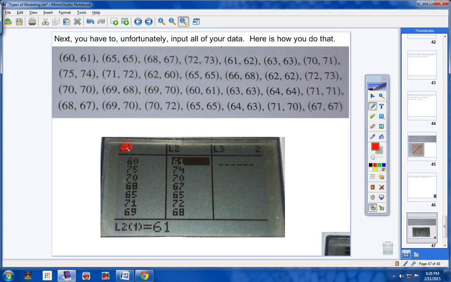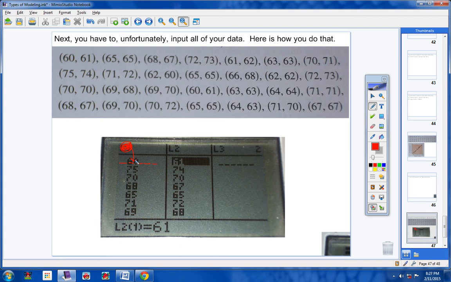That's not where you want to be. That's not going to help any. You don't want your cursor up here. You want to go over to list 1 and then hit the down button so your cursor's right here on this blank. Okay. That's where you want to be. And so, hold on 1 second. My calculator is messing up.